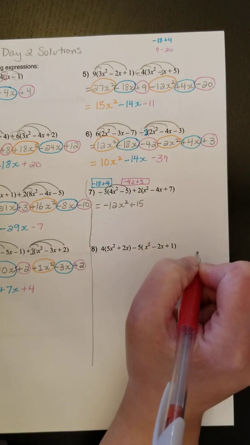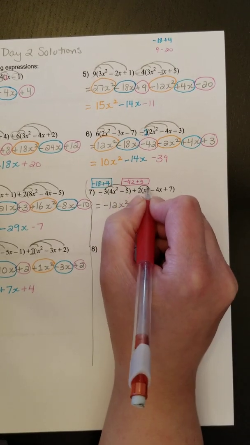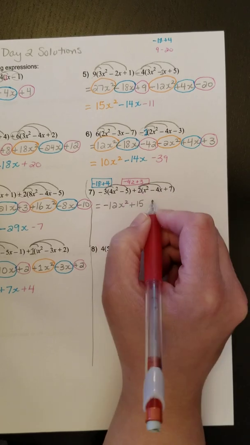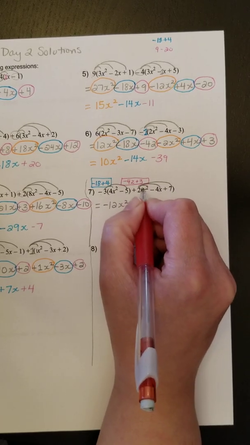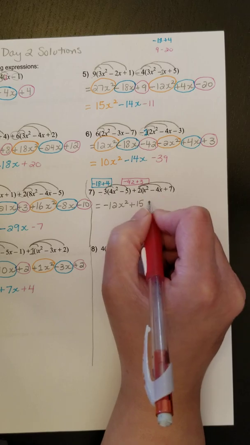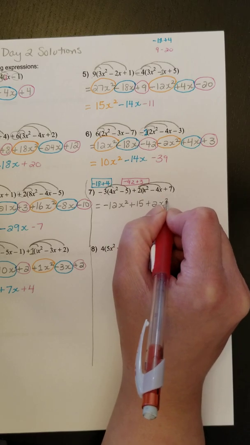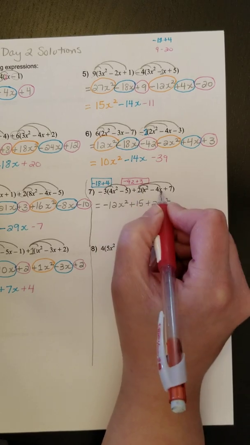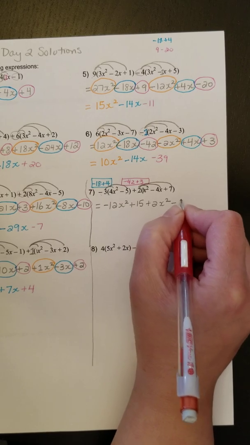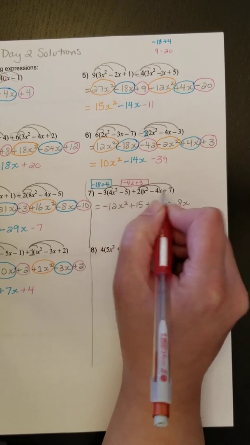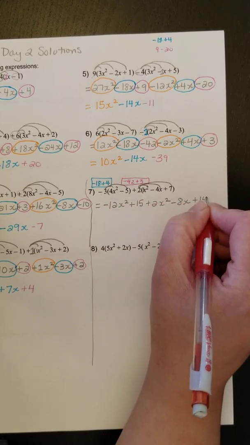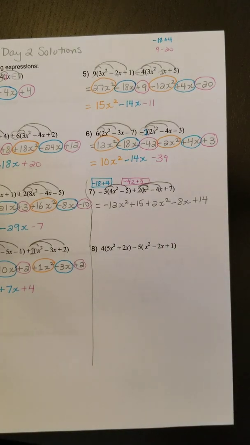There's no x's with that. Then we're going to multiply the 2 into this bracket. So 2 times, remember that counts as a 1x squared, is 2x squareds. 2 times negative 4x is negative 8x, and 2 times 7 is 14. Both of those are positive.